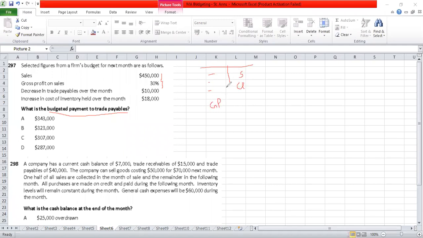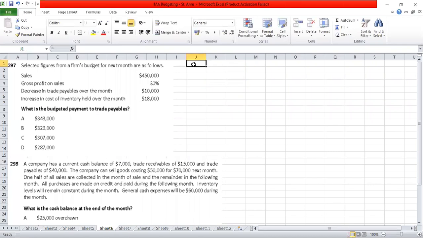So sales minus gross profit is the rest of it, which is cost of goods sold. If sales is 100%, gross profit is 30%, the rest of it, cost of goods sold, is opening stock plus purchases minus closing stock. So that represents 70%. So that part of it is fine.